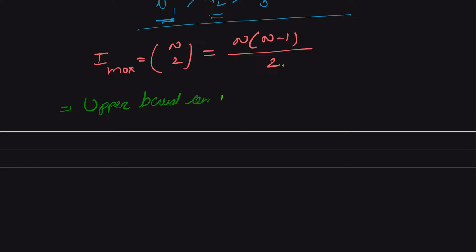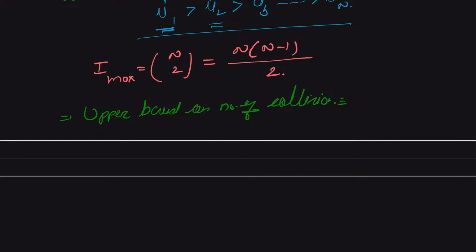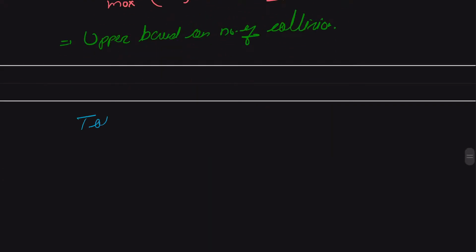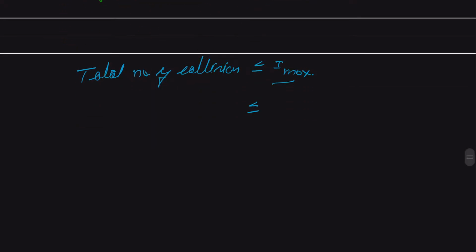The upper bound is defined as: the total number of collisions should be less than or equal to the maximum inversions, or in place of maximum inversion we can put its equation, n times n minus 1 divided by 2.